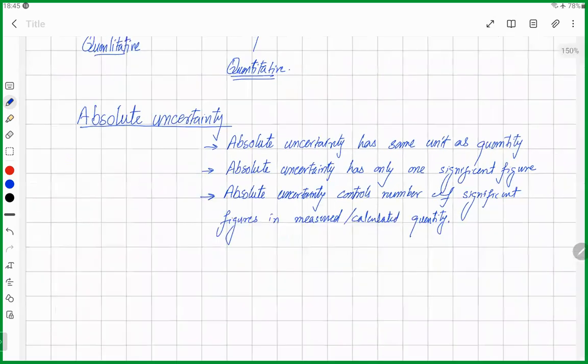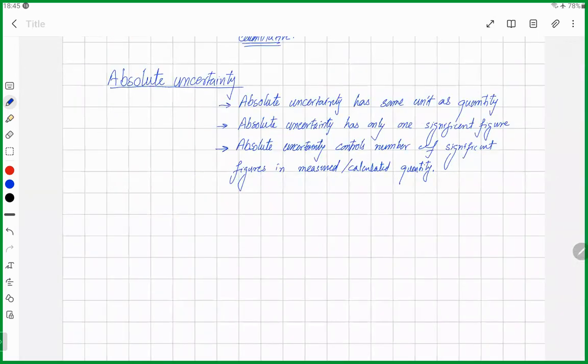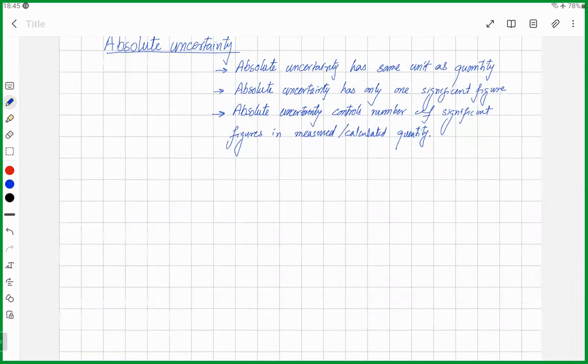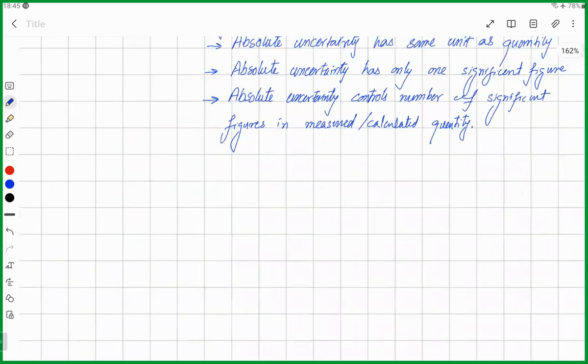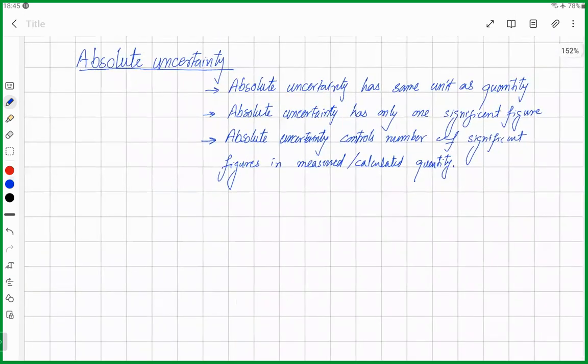So a very important thing is that absolute uncertainty has to have the same unit as the quantity measured, and it has to have only one significant figure. Let me tell you what this means.